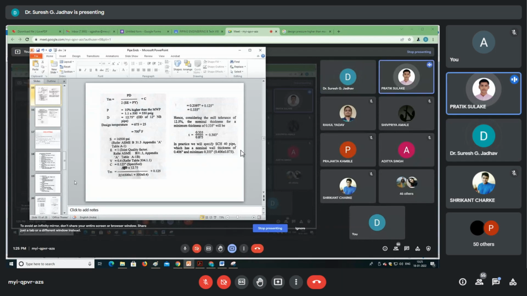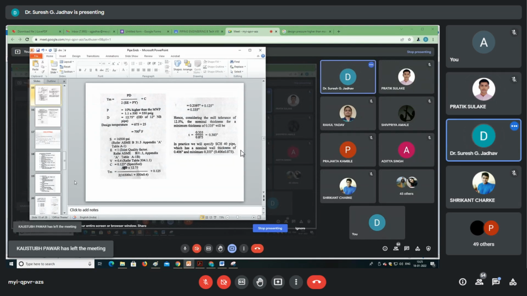Sir, which value should be considered between 10% and 25%? You can start from lower to higher, and even for the allowable stress, we can consider lower to higher, but always focus on minimum values.